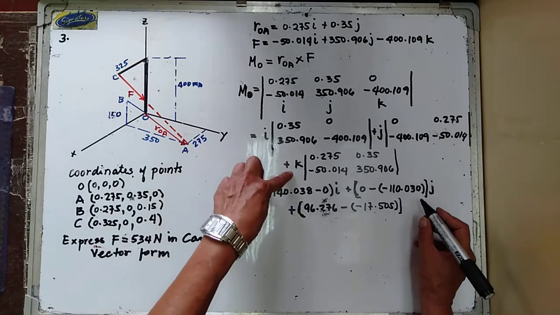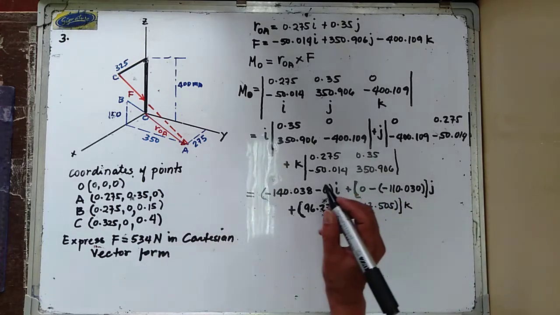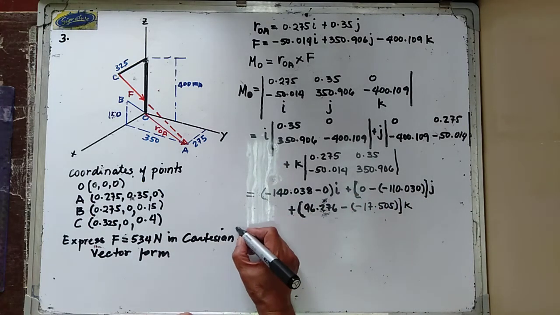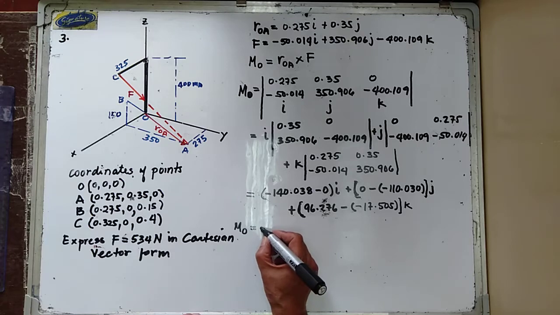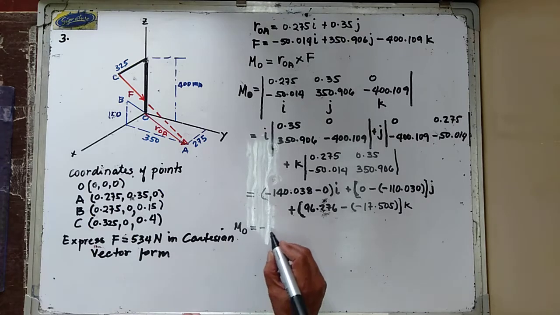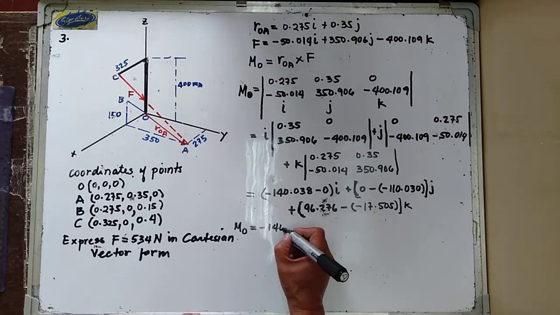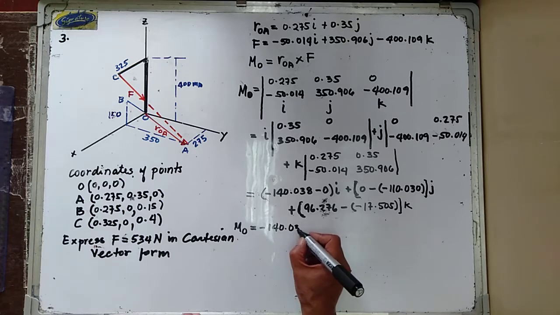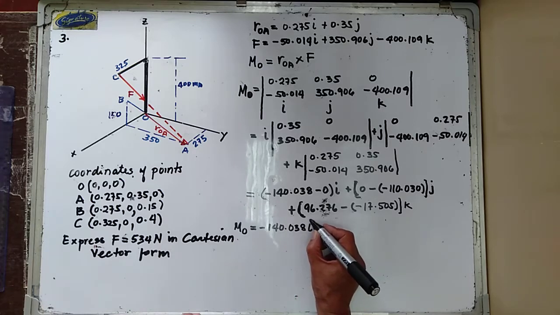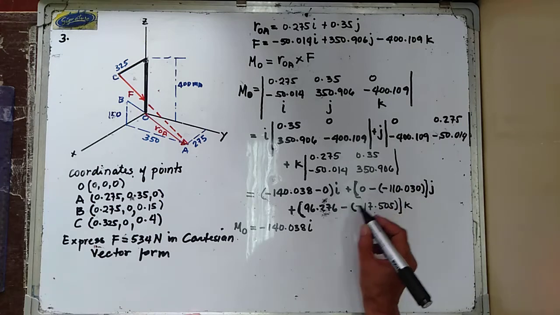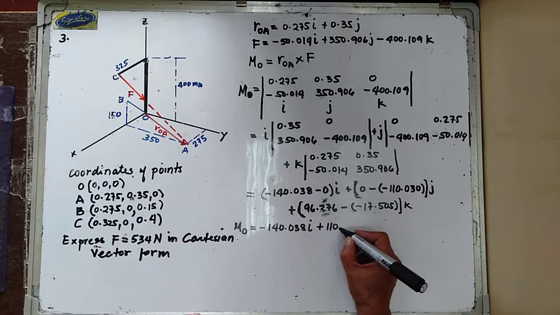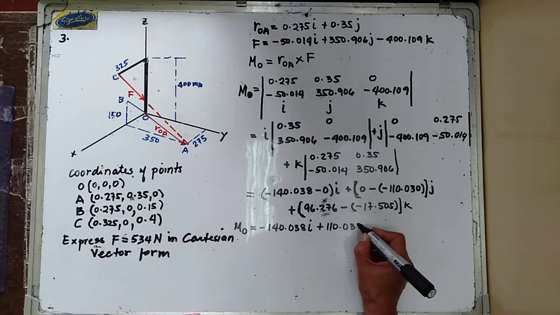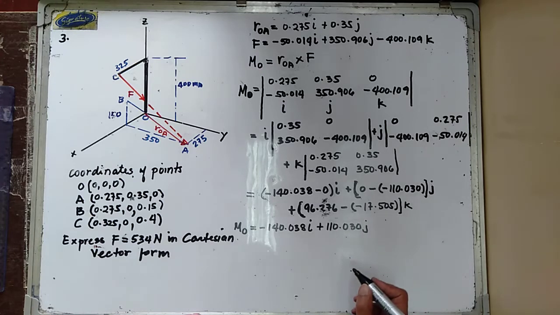And we now have your K. Hence, the moment of the vector about point O is negative 140.038I. Minus and minus is positive, plus 110.030J.